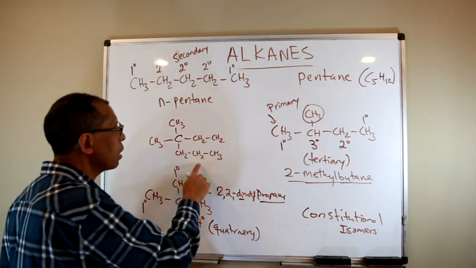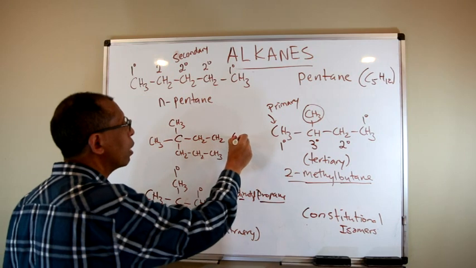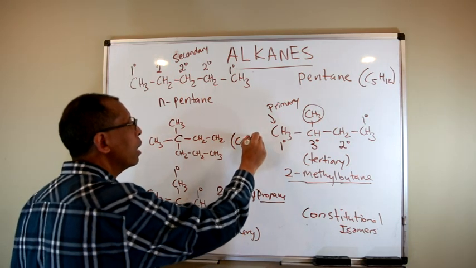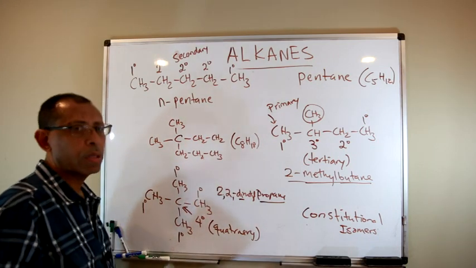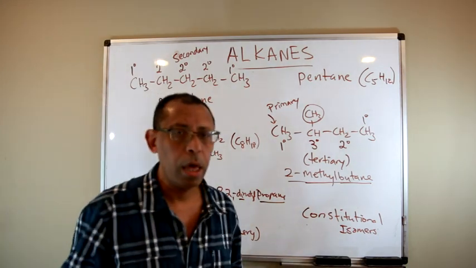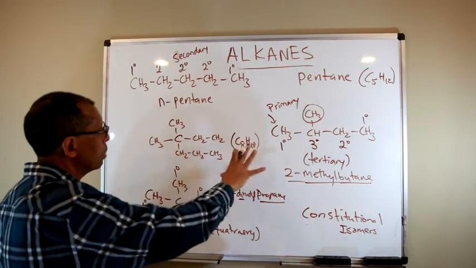But in any case, this is an 8 carbon, so the chemical formula would be C8H18, if you just do the math with the CnH2n plus 2 formula. But how do you name this?